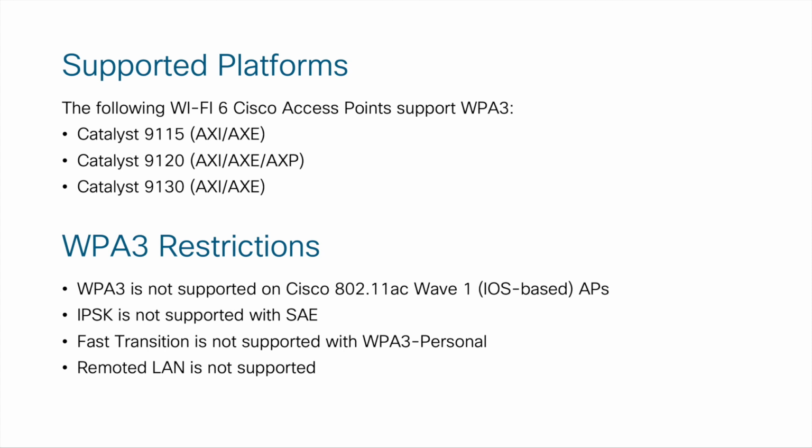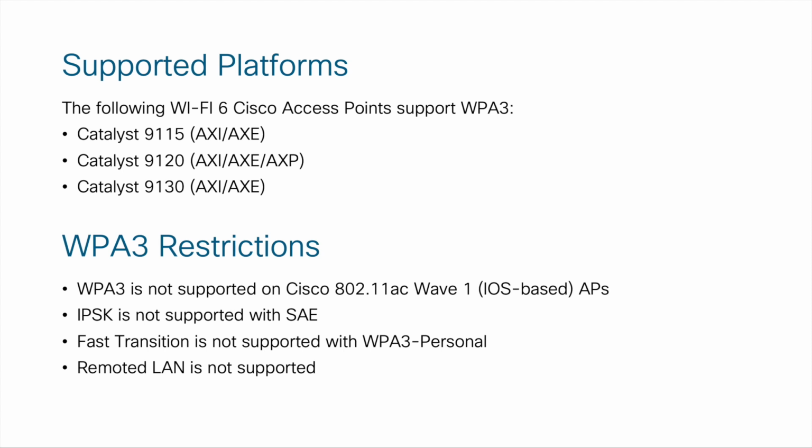For instance, WPA3 is only supported on these access points mentioned, and it is not supported on any Cisco 802.11ac Wave 1 iOS-based access points. Additionally, IPSK is not supported with the use of SAE. Fast transition is also not supported with WPA3 Personal. It is only supported with WPA3 Enterprise. And also remote LAN is not supported with WPA3.